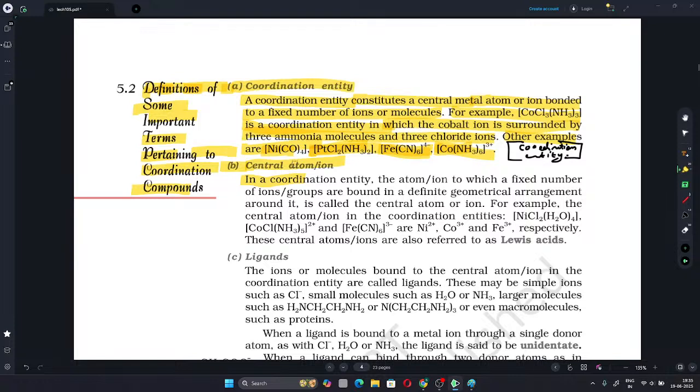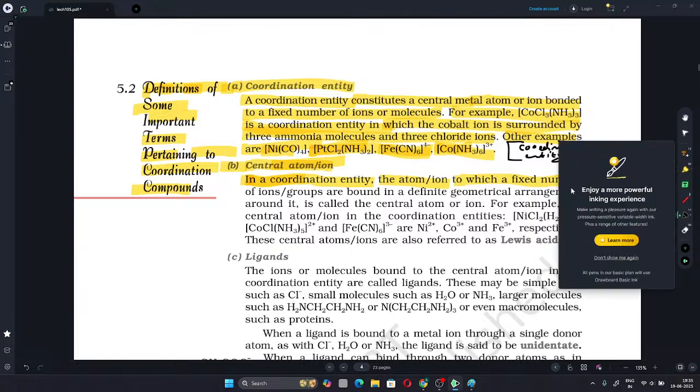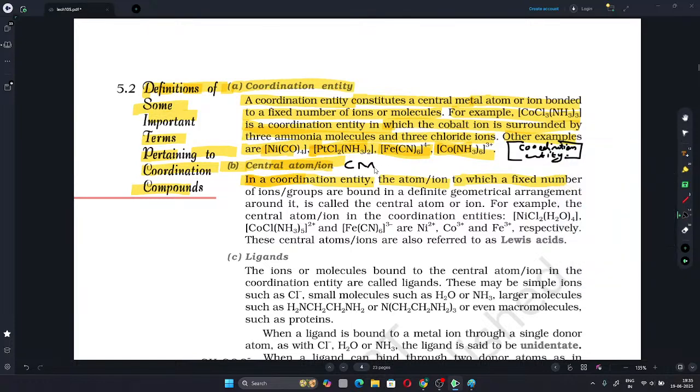The second part is the central atom or central metal atom. In a coordination entity, the atom or ion to which a fixed number of ions or groups are bound in a definite geometrical arrangement around it is called the central atom or ion.